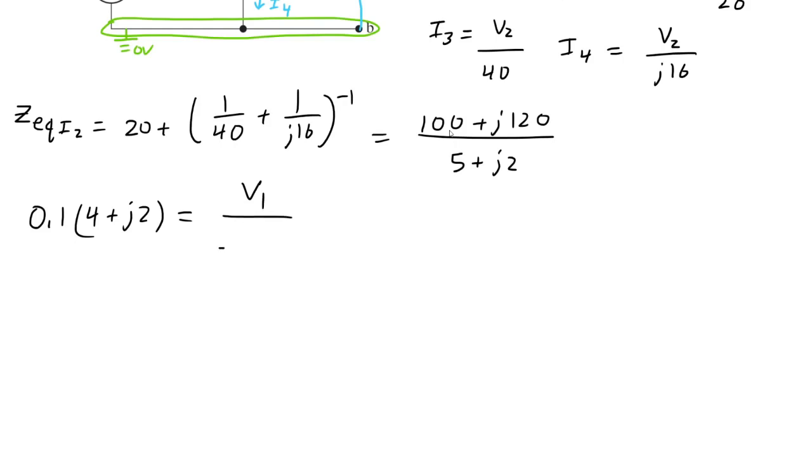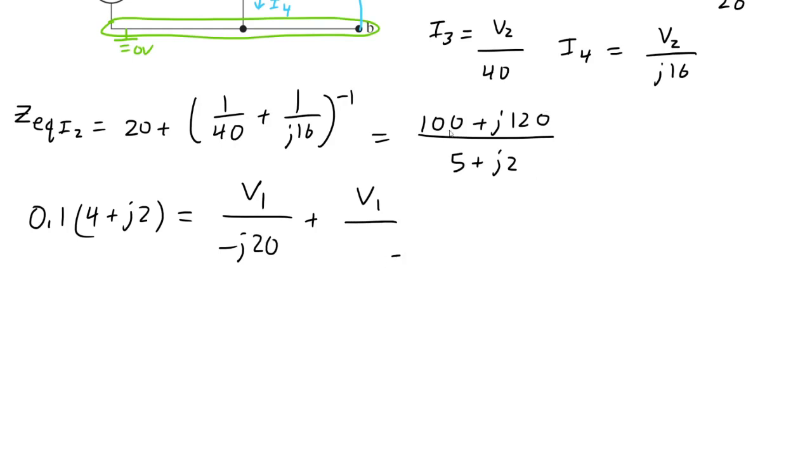V1 over j20, that's I1, plus I2, which is going to be the reciprocal of this impedance, because we're just dividing by Z-Q-I2.